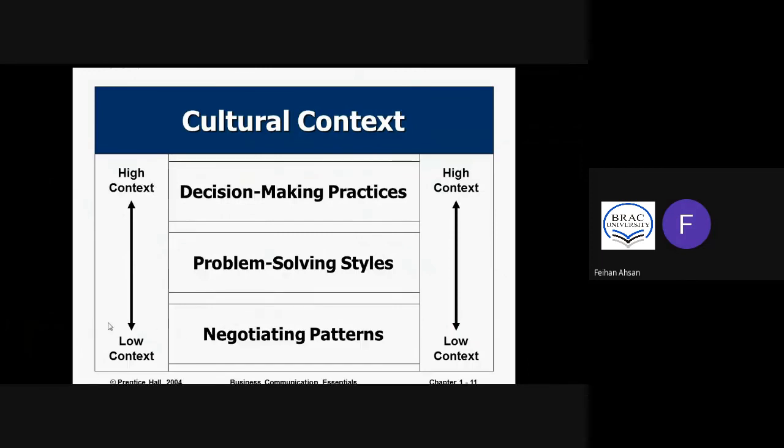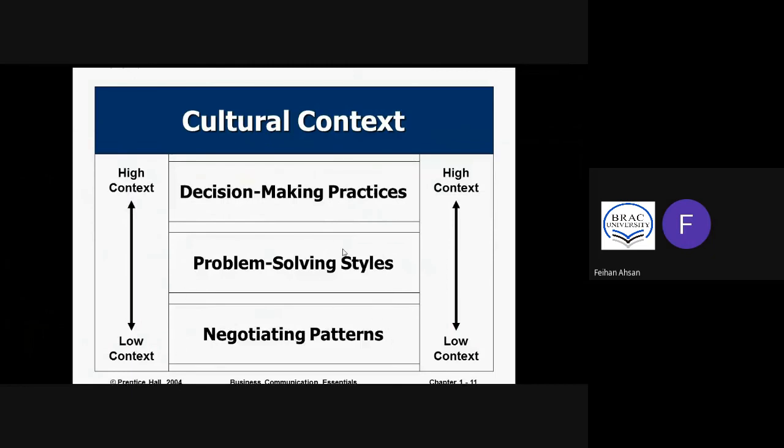Whereas a low context culture is a culture based on rules, principles, where there are shorter, more professional connections, like an office environment. An example of a high context culture would be a gathering of high school friends, where everyone knows about the other person's habits, traits, etc. So these two cultural contexts differ in terms of decision-making practices, problem-solving styles, and negotiating patterns.